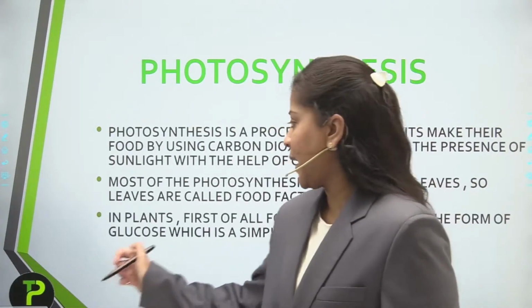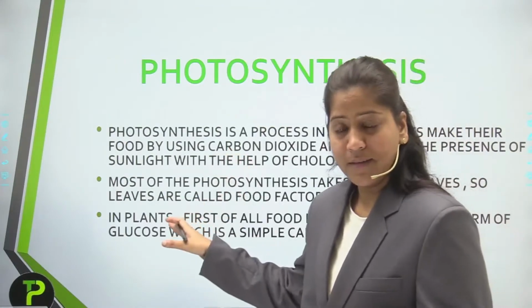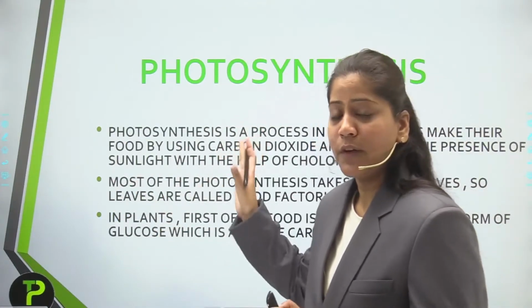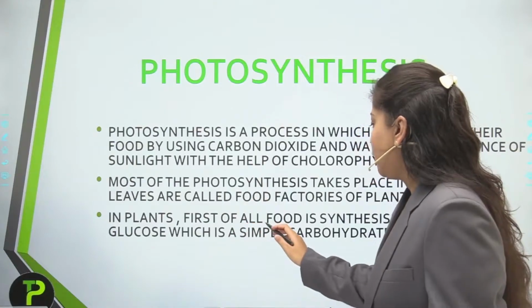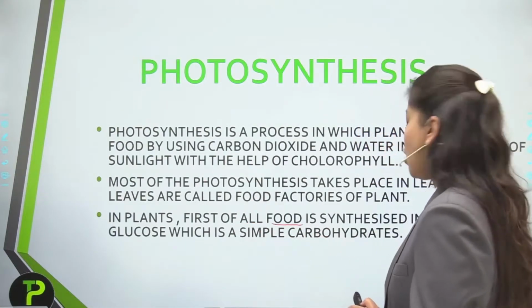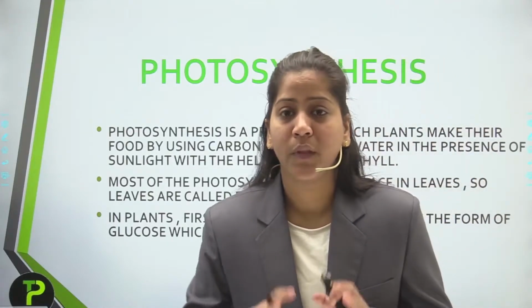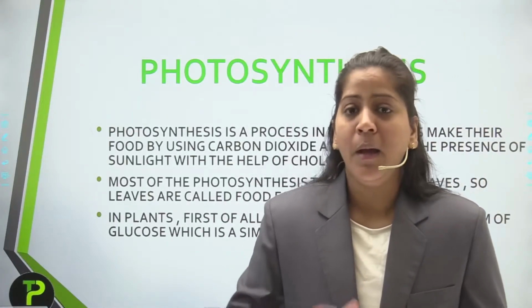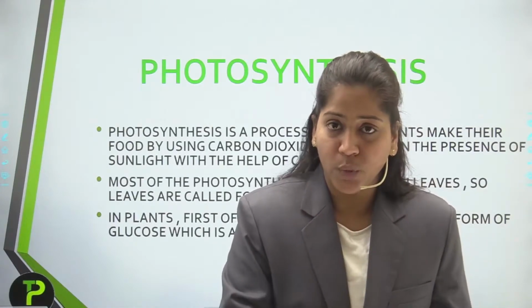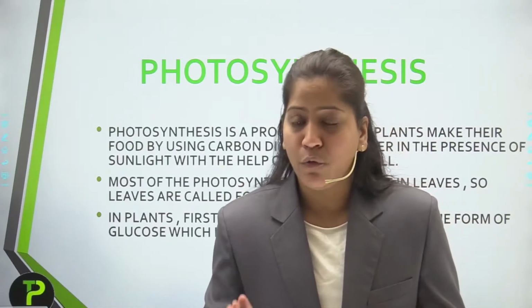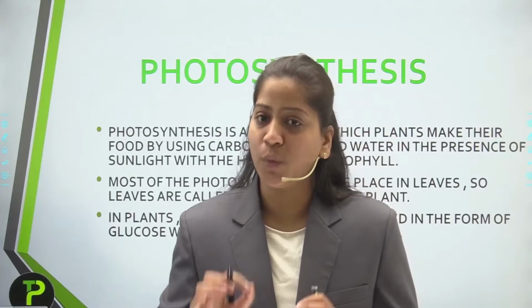The next slide is saying that in this process, food is synthesized in the form of glucose, which is a simple carbohydrate. Plants make their own food, but the food is first prepared in the form of glucose, which is a sugar.